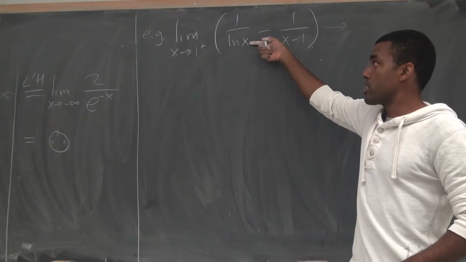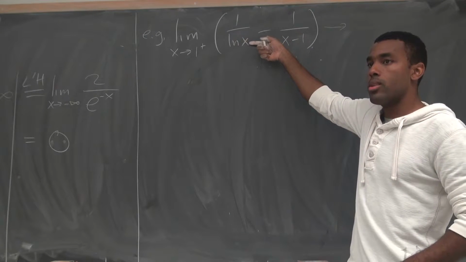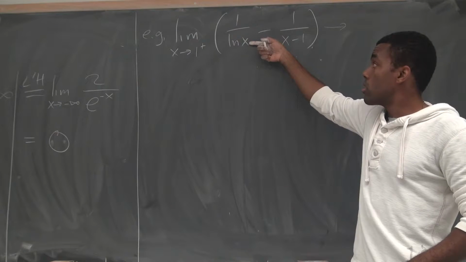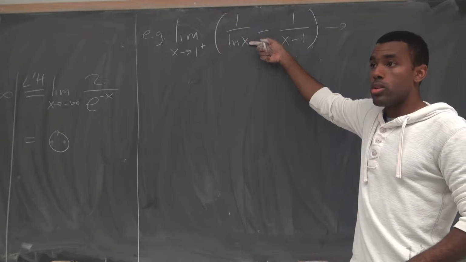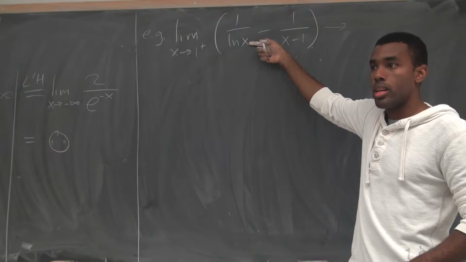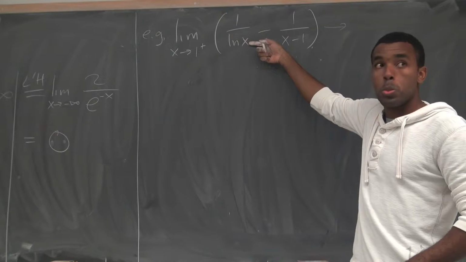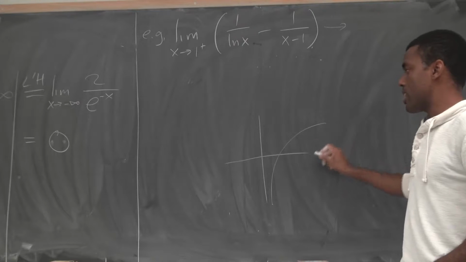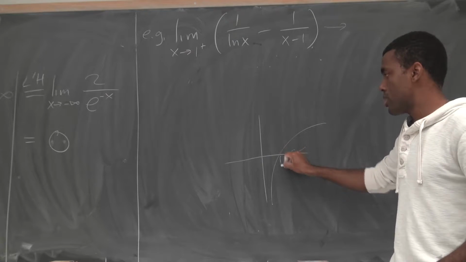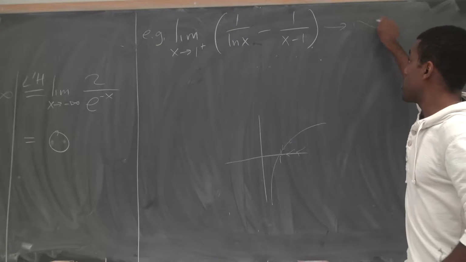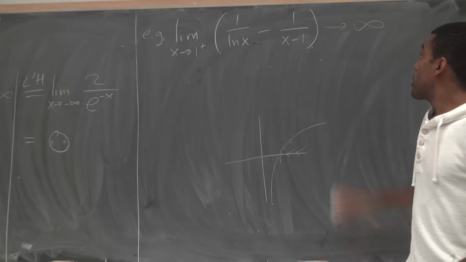As x approaches 1 from the right side, what happens to this? ln will approach 0, but will it be slightly positive, slightly negative? Slightly positive, right? Don't forget your graph. ln looks like this. If you're approaching 1, you're slightly bigger than 0. So this guy goes to positive infinity, right?